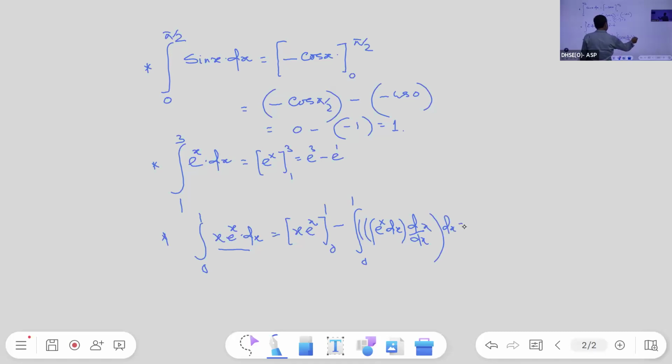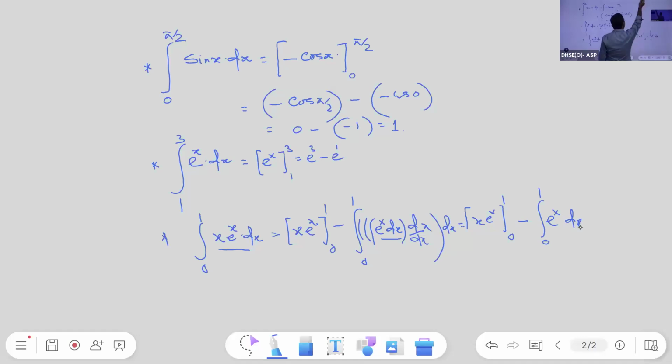Right? This is equal to x e power x, limit 0 to 1, minus the integration of e power x, which is e power x, integral 0 to 1 e power x dx.